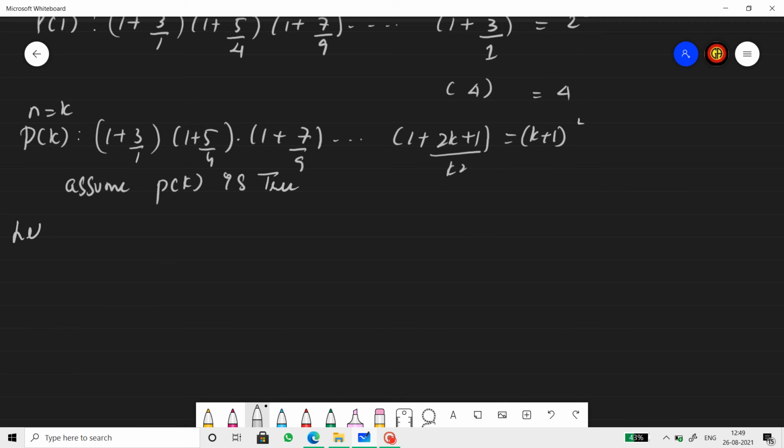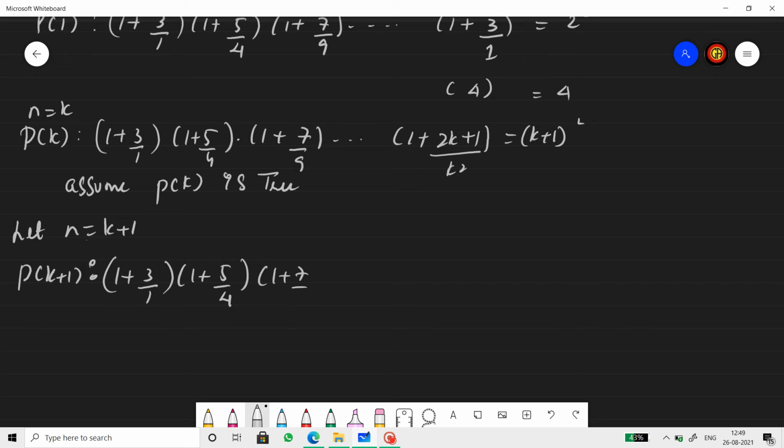So next, n equal to k+1. So P(k+1) would be (1 + 3/1) × (1 + 5/4) × (1 + 7/9), and so on, (1 + (2(k+1)+1)/(k+1)²) equals (k+1+1)². So that's (k+2)².